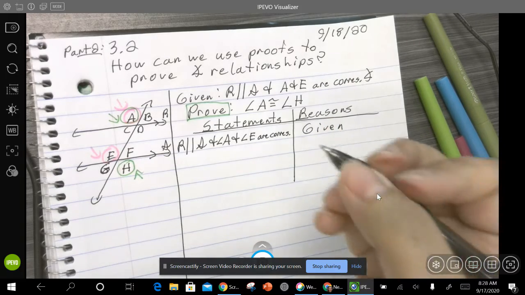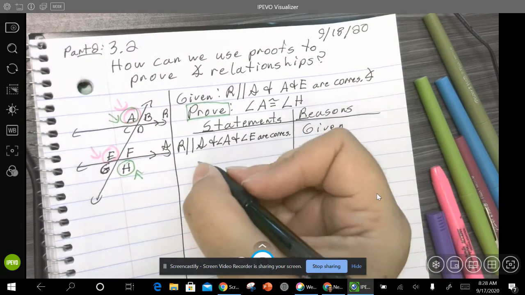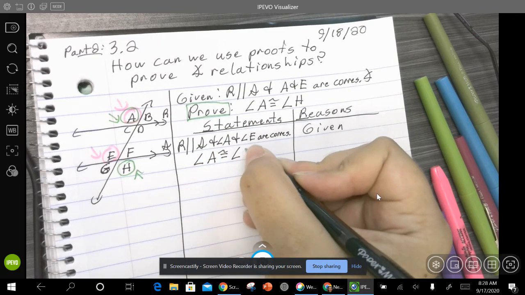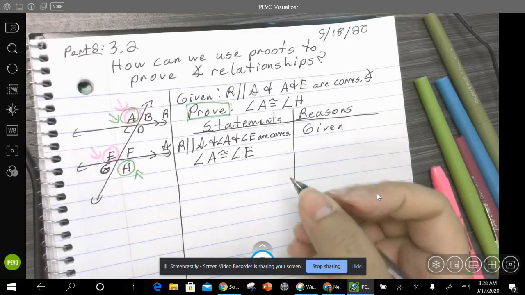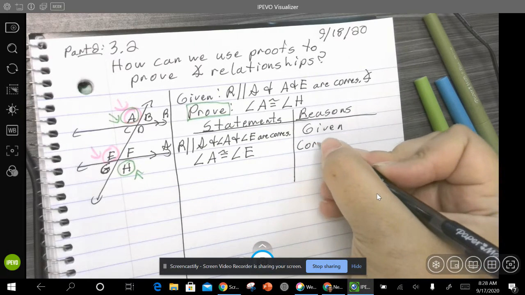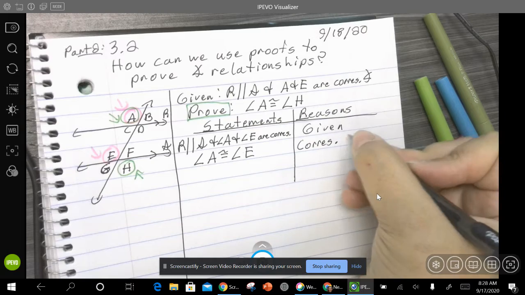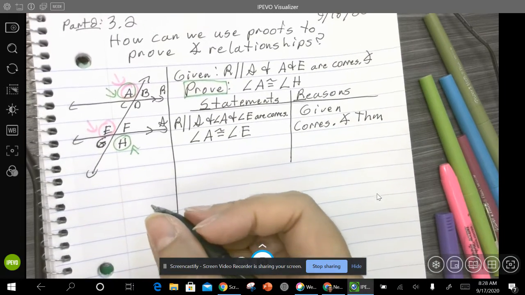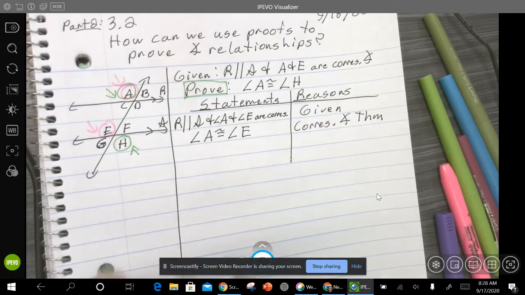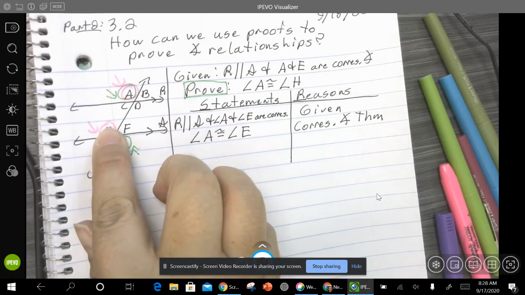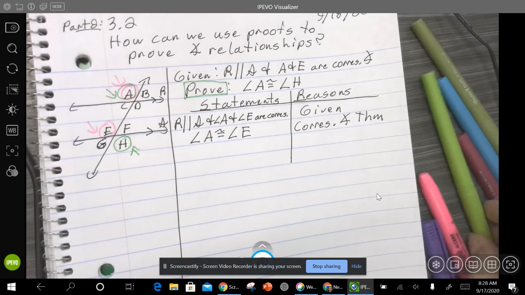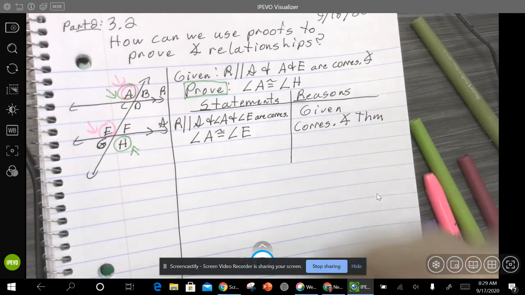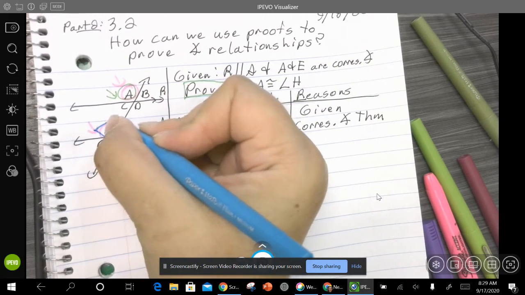Okay, so since angle A and angle E are corresponding, that means that they're congruent to each other. So angle A is congruent to angle E, and that's by our corresponding angle theorem. We also have that since angle A is congruent to angle E, that also means that angle H is congruent to angle E. Do y'all see that?